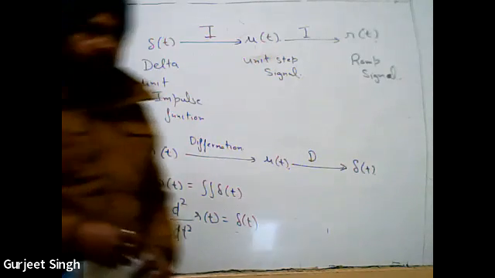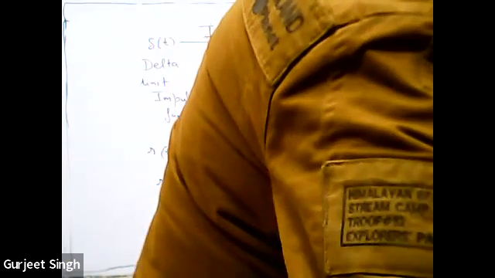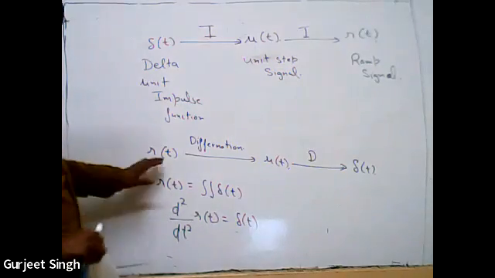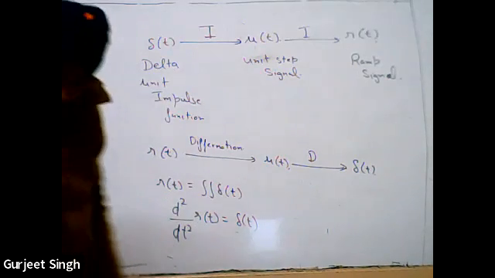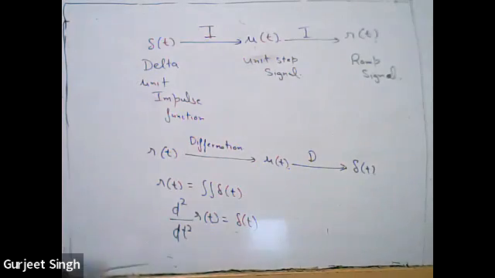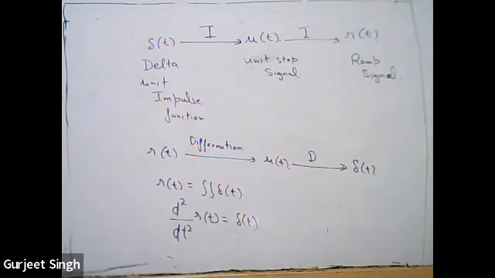Okay, so this is the relationship between the ramp signal, delta signal, and the unit step signal. So this is all about the standard signals, and we have discussed the unit step, unit ramp, and signum function.